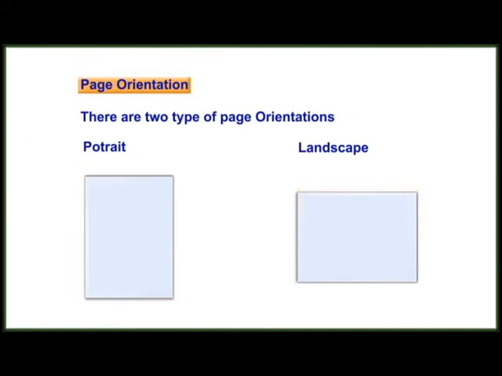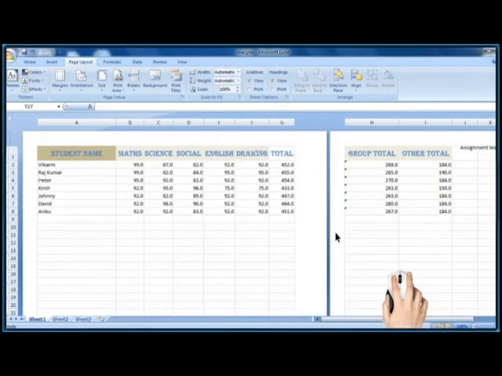Generally, setting the required orientation depends on the data in your spreadsheet. If your data is of longer width, then you will have to set landscape orientation. Otherwise, the portrait orientation is enough. Here, the page is already in portrait orientation.